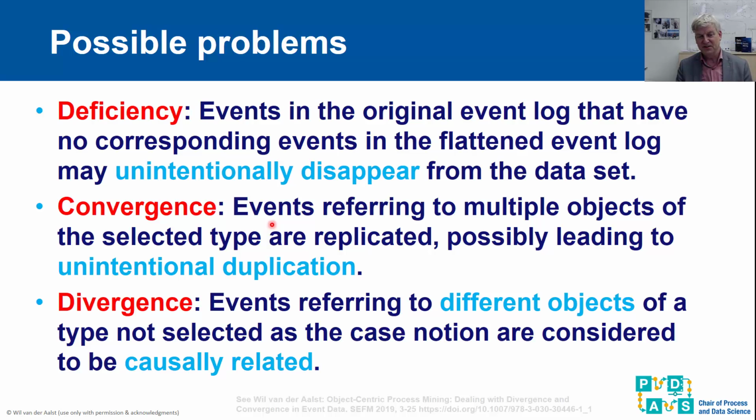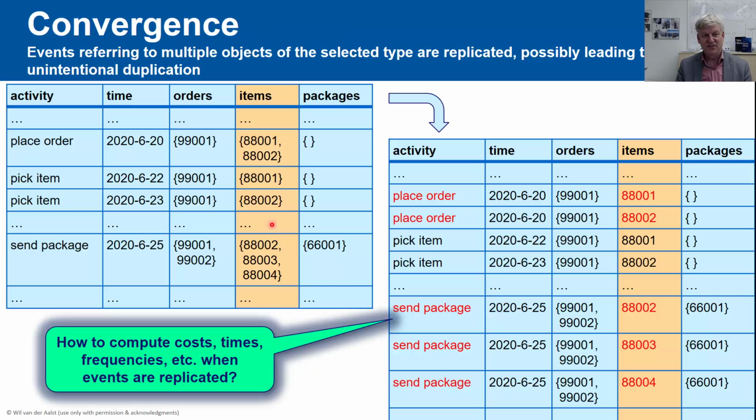This is often the cause for spaghetti models, as we call them. Here the problem is that we choose a particular case notion, and because of that case notion, events are taken together, also events which are not directly related to each other. It's best to explain convergence and divergence using the example that I introduced before.